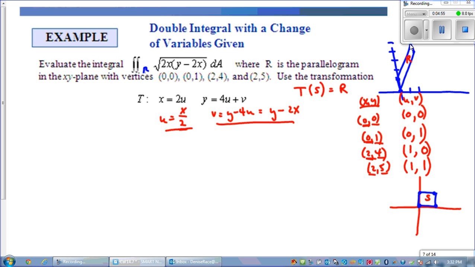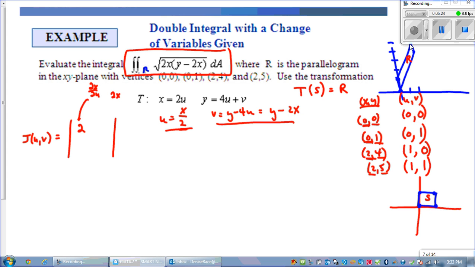Okay, so now let's transform this integral into an integral using the u's and the v's. Before we do that, though, we have to have the Jacobian. So let's find the Jacobian of u, v. Now we need partial derivatives. The partial of x with respect to u will be 2.